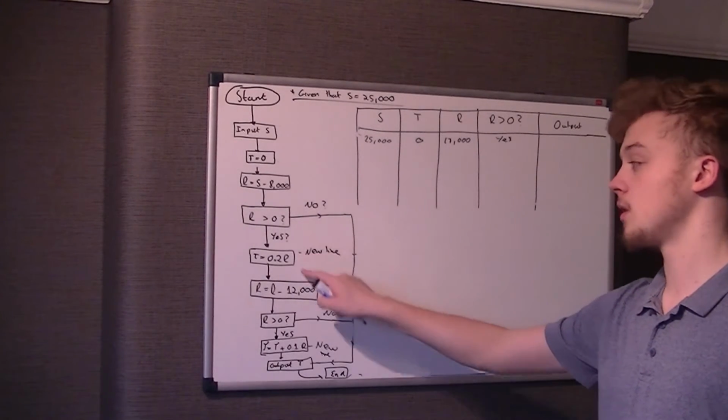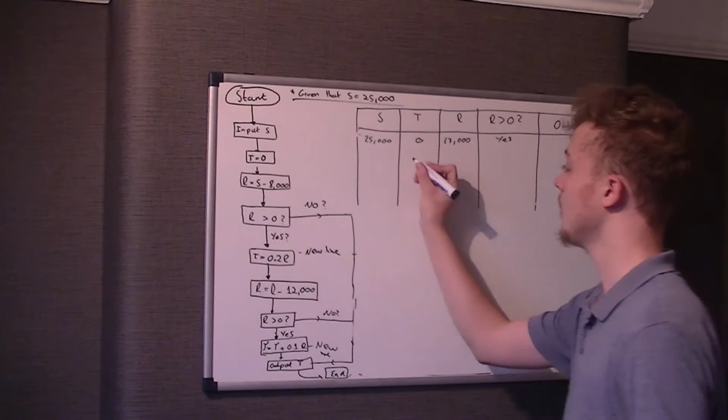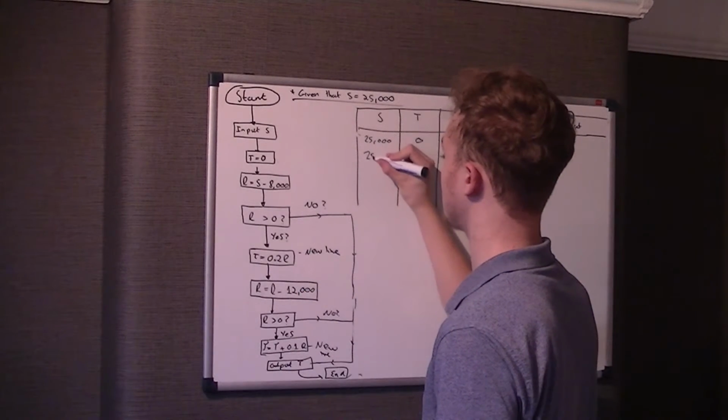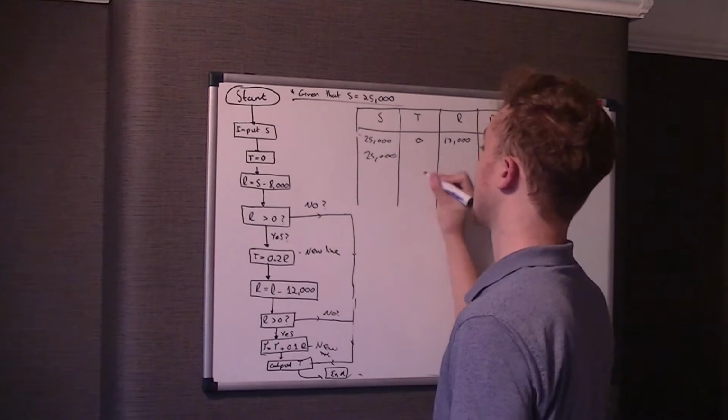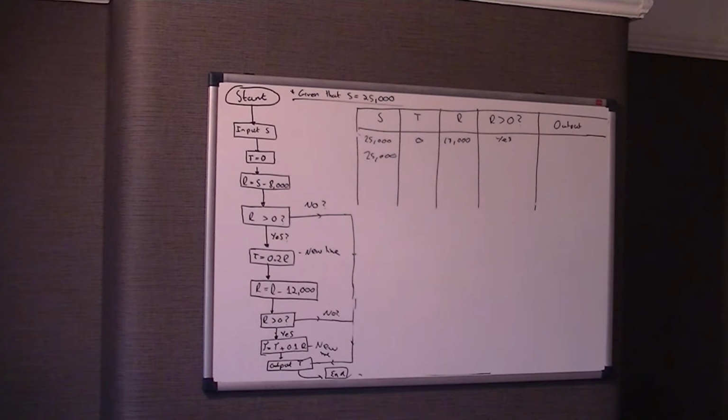So our next one, T is 0.2 times R, okay, so that'll be our next column. S is still 25,000, okay. T is 0.2 times R. In other words, it's 0.2 times 17,000, okay, which if you just sub in your calculator, just get my calculator out in a sec.